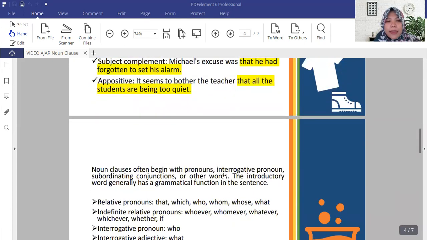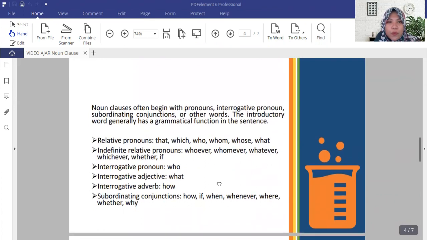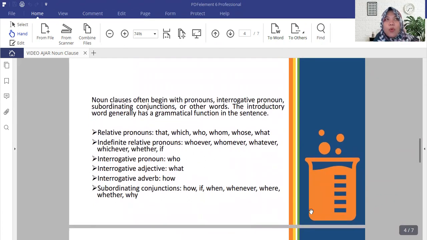And then we are going to move to how we can identify whether this is a noun clause, or whether this is another clause, or whether this is only a normal object or only a normal subject. Noun clauses often begin with pronouns, interrogative pronouns, subordinating conjunctions, or other words. The introductory word generally has a grammatical function in the sentence.